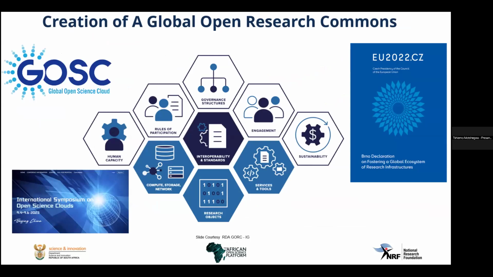If we can get this right, Africa can be represented on the global stage through engagement in the global open science platforms. Because we'll be organized, you can plug in, of course, if our structures are also covered.